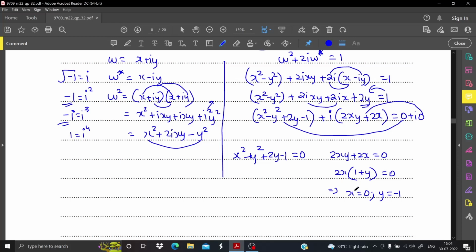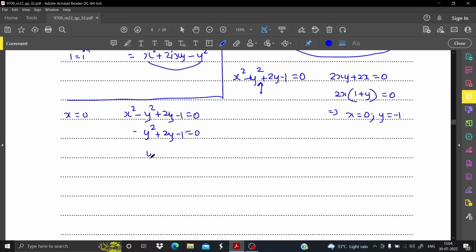Now let's substitute x equal to 0 in the first equation: x squared minus y squared plus 2y minus 1 equal to 0. X is 0 here, so you get minus y squared plus 2y minus 1 equal to 0. Therefore, it is y square minus 2y plus 1 equal to 0. Y minus 1 whole square is 0. Therefore, y equal to 1. Therefore, when x is 0, y is 1.